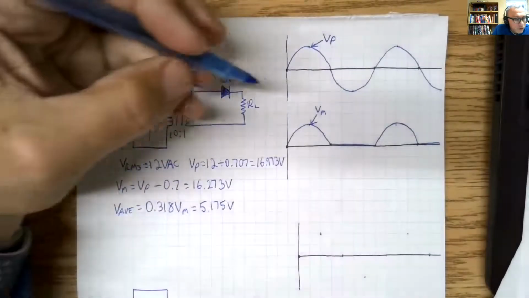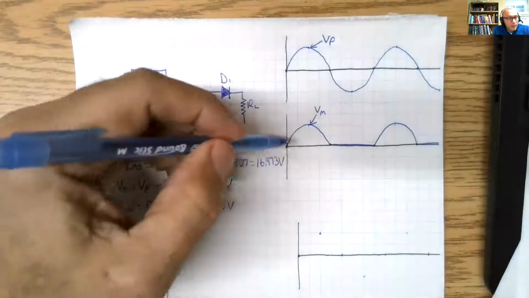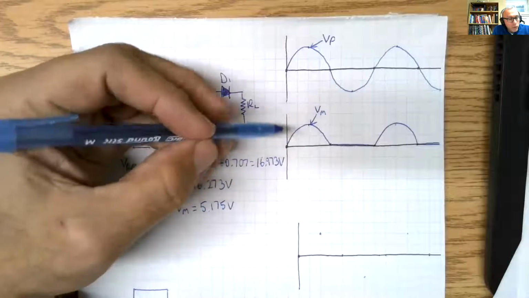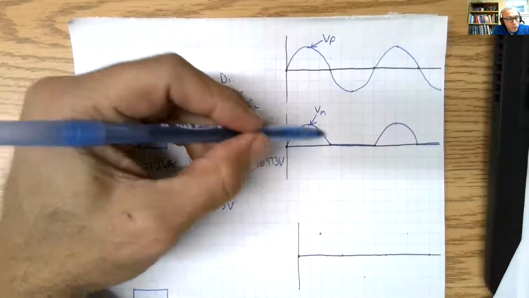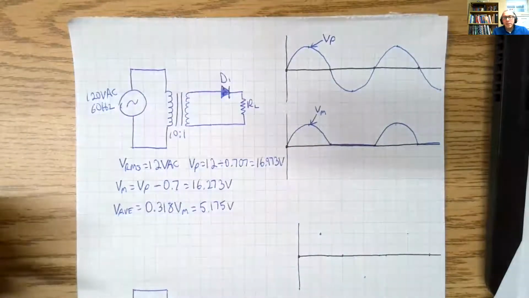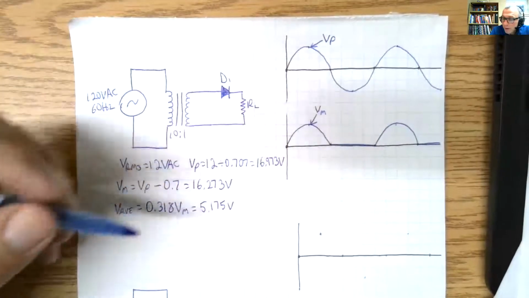Now, we still have a wave that goes up and down. So this is our Vmax, and we have our V average. But if you remember, this is also a ripple voltage. This will still register as some form of AC because it is a wave, it does have a maximum and it does have a minimum.